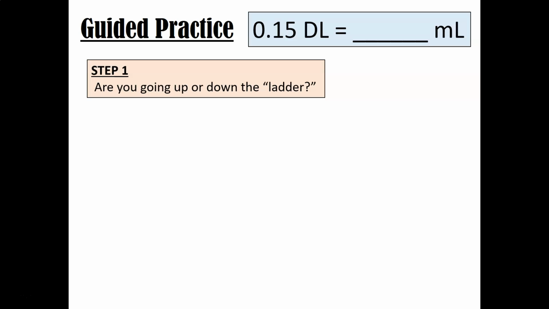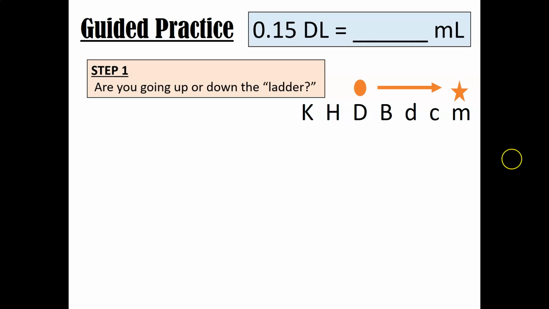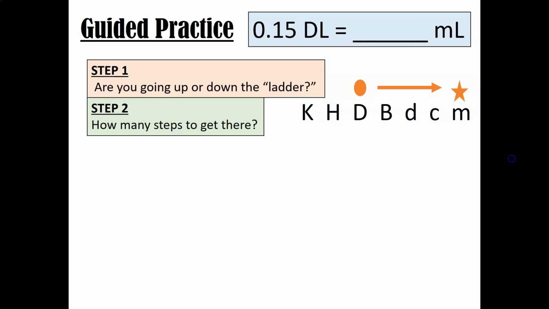So are we going up or down the ladder? Well, here's deca, here's milli. So I'm going to go that direction this time, to the right. It's going to take 1, 2, 3, 4 times of moving my decimal until it's converted.